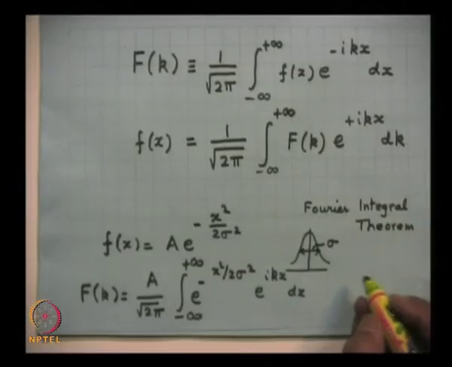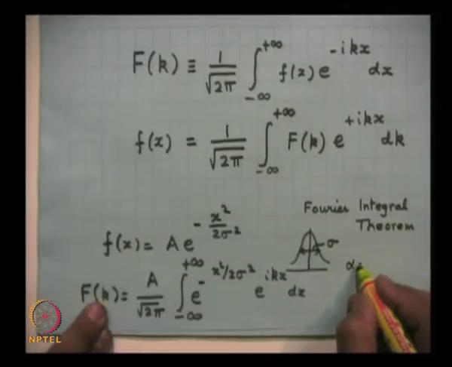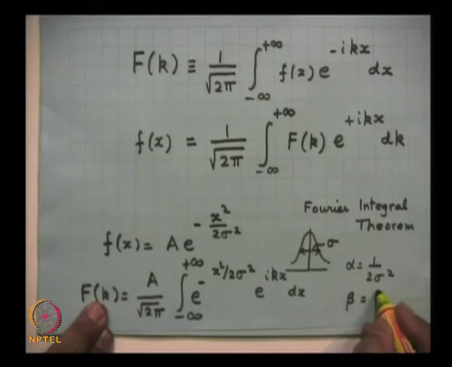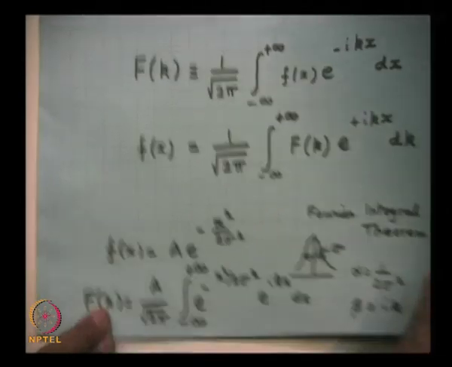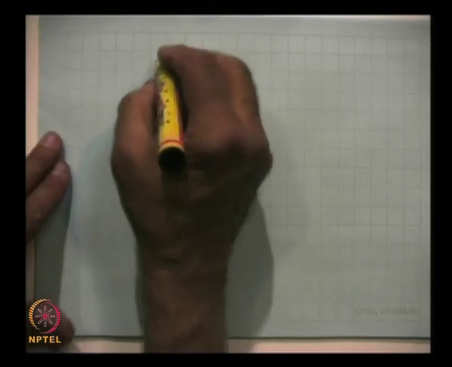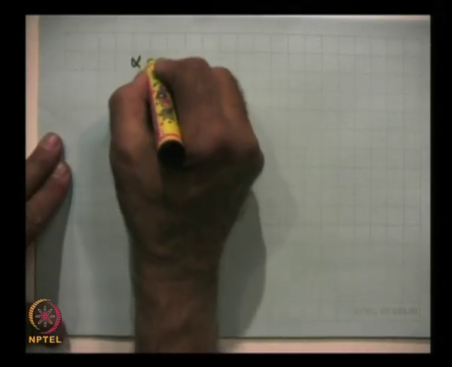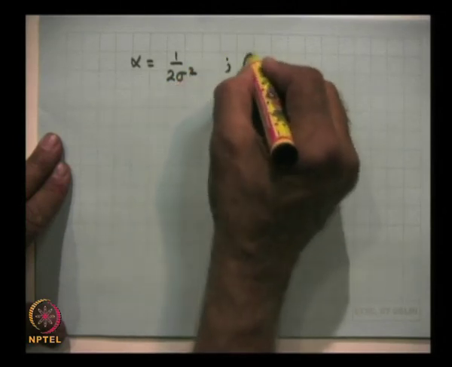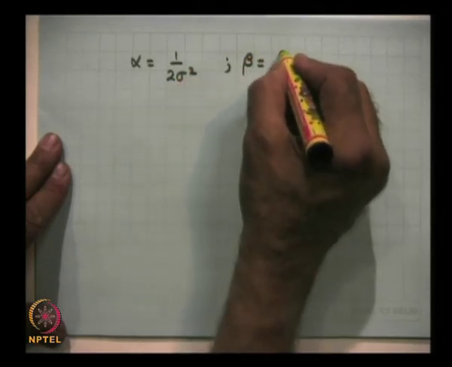So, here you can see that alpha is equal to 1 over 2 sigma square and beta is equal to i k.